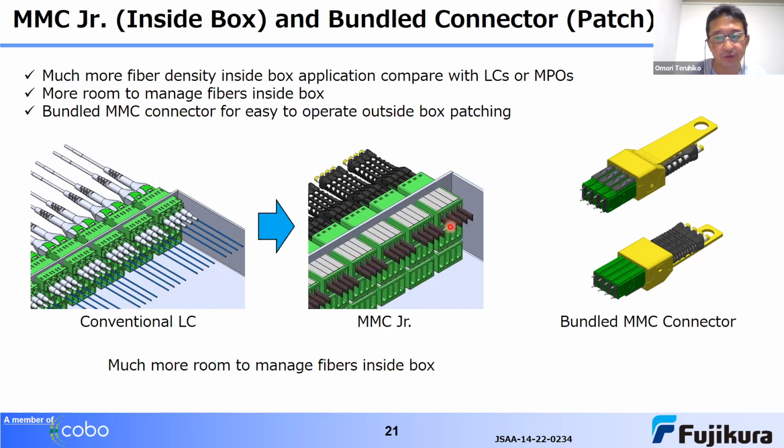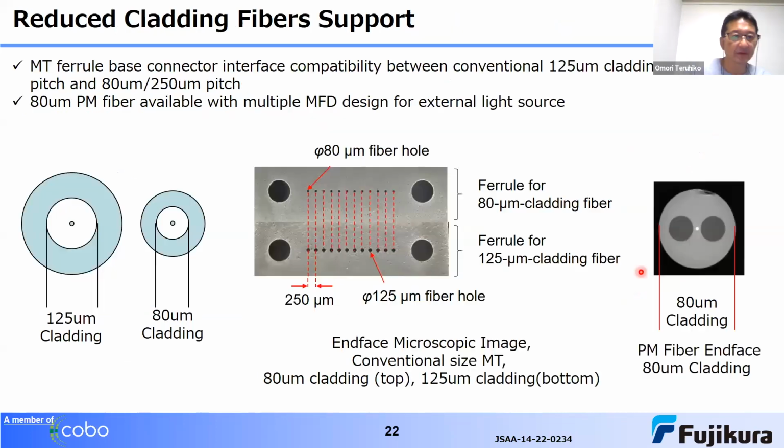The MMC Junior connector has a compact housing, and you can insert it into the adapter. Also in the market, sometimes customers want to insert connectors at the same time, so we have a ganged or bundled MMC connector.